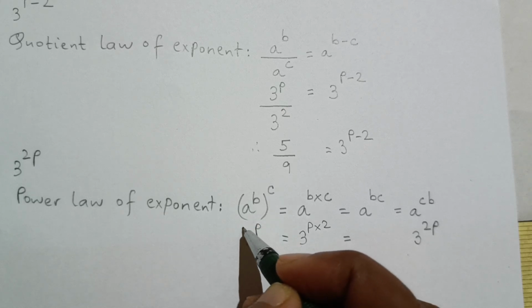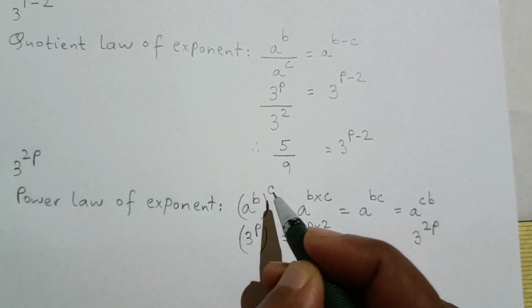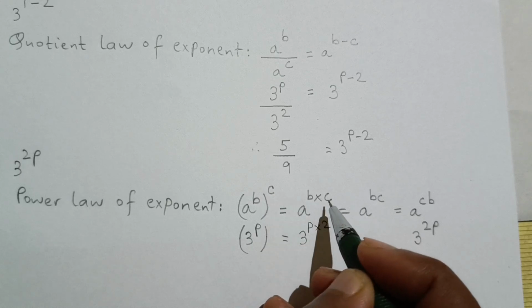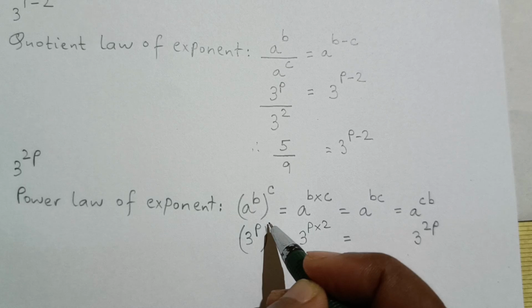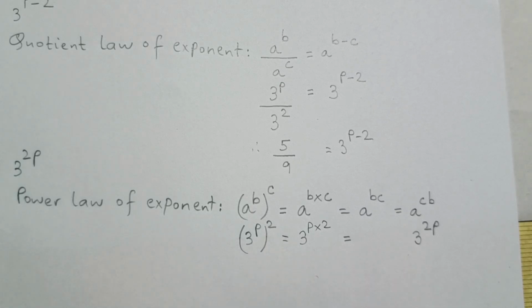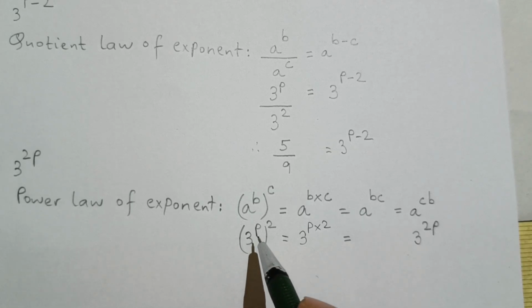Then there is a bracket, and c is 2, so outside the bracket I will write 2. So 3 to the power p into 2 becomes 3 to the power p whole raised to the power 2. So 3 to the power 2p is 3 to the power p whole raised to the power 2.